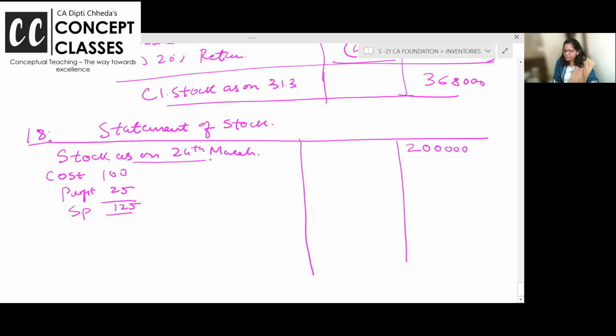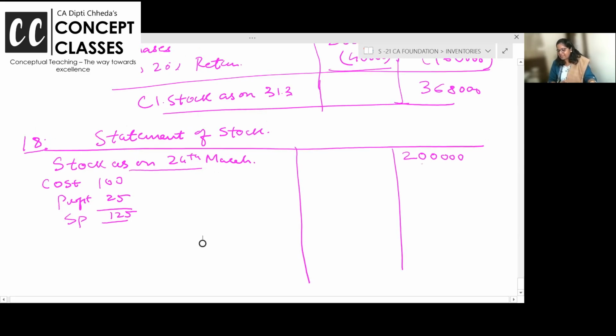So closing stock on 24th was taken. I want to repeat, on 24th stock is 2 lakhs. After that, if you have sold some goods, then you have to do less.